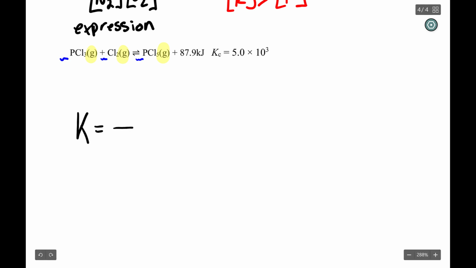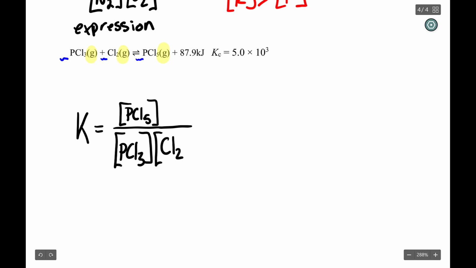K is equal to the concentration of my product, PCl5, raised to a coefficient of 1, all over PCl3 raised to its coefficient 1 times Cl2 raised to the coefficient of 1. So there's my mass law expression or equilibrium expression.